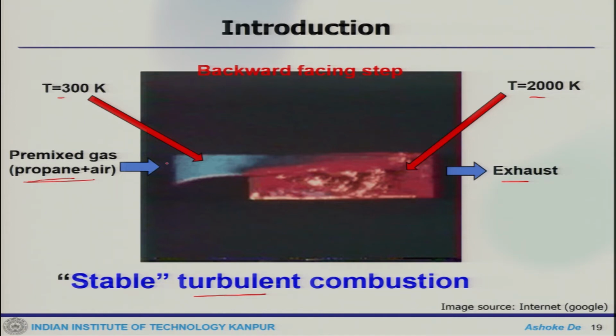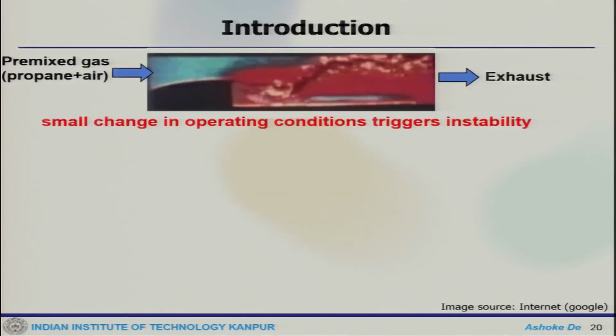You change some of the parameters at the upstream, maybe you modulate the upcoming mixture, or you modulate the fuel flow rate or air flow rate, any of these things. Any of these small changes in the operating condition would lead to an unstable condition, or rather one can say it triggers the instability, and you can see there is a huge difference in the flame structure.